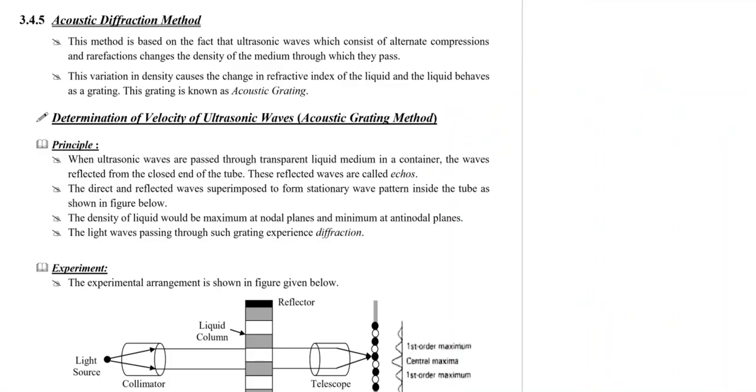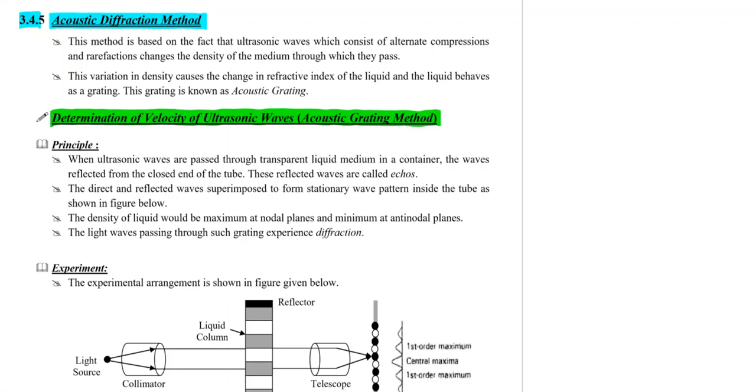Now let me revise the entire diffraction grating technique which is given in our engineering physics book. There is one topic 3.4.5, which is the acoustic diffraction method to detect the ultrasonic waves. This method is generally used for the determination of the velocity of ultrasonic waves with the help of the acoustic diffraction grating method.